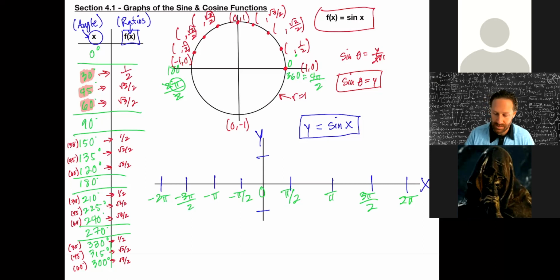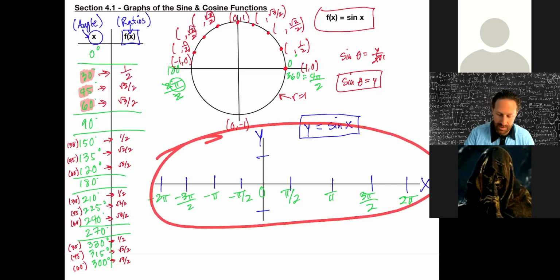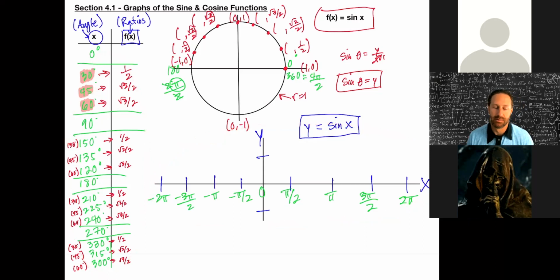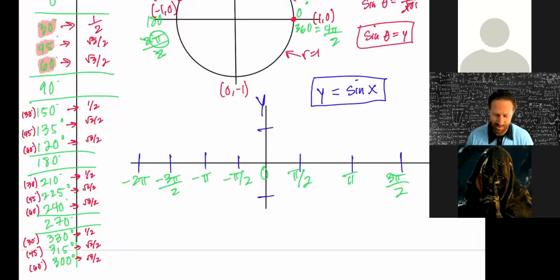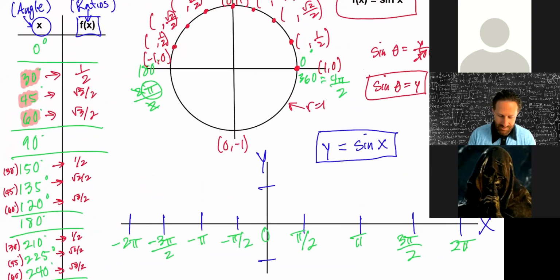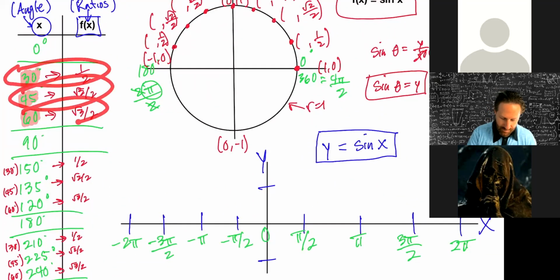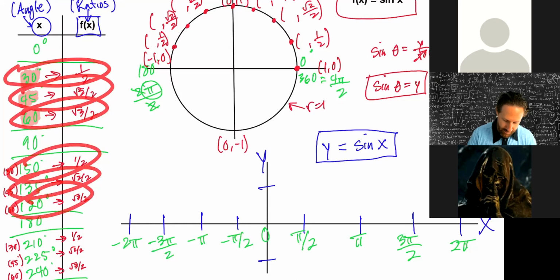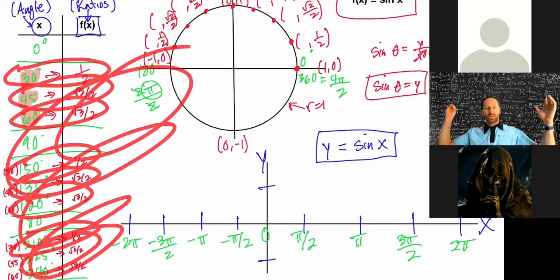And before we plot any and all of these points, ugh, that's a lot of them, right? Do you want to plot all those points? Not really. That's too much.